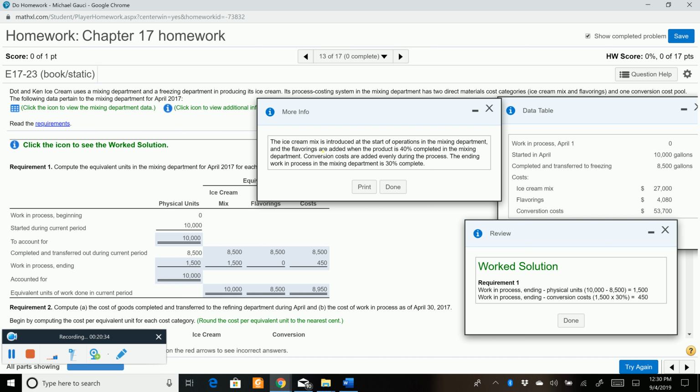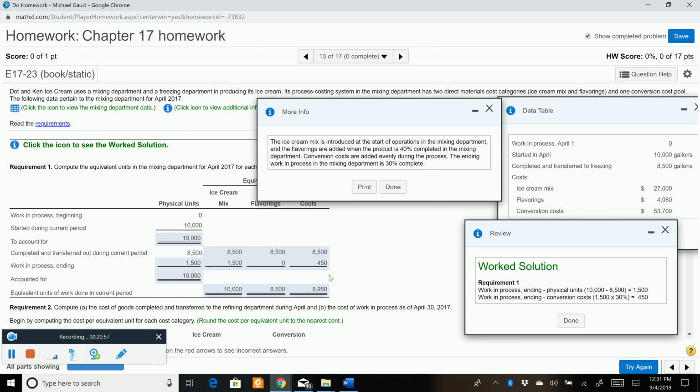Remember, we said earlier, flavorings are added when the product is 40% completed in the mixing department. It's not 40% completed. What does it say? It says at the ending WIP, they're only 30% completed. Therefore, my flavorings haven't started yet. So 1,500 physical units times 0% started gives us 0.